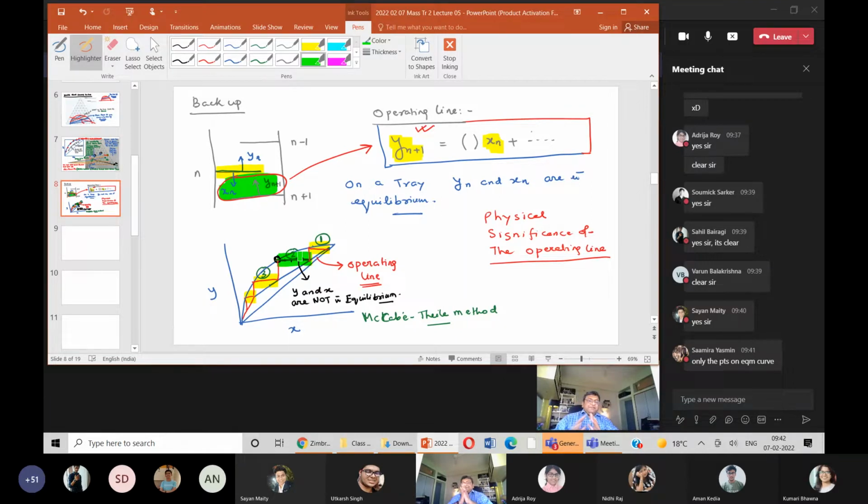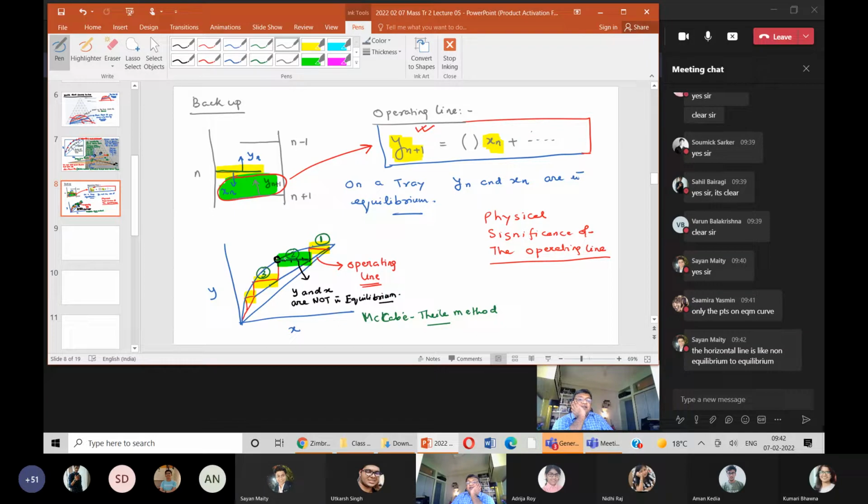Samira, good. What is the reality? Shayan Maiti, what is the reality? Varun Balakrishna, Shomik, Padrija? No, it's not non-equilibrium to equilibrium.